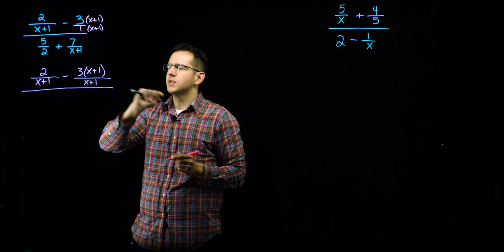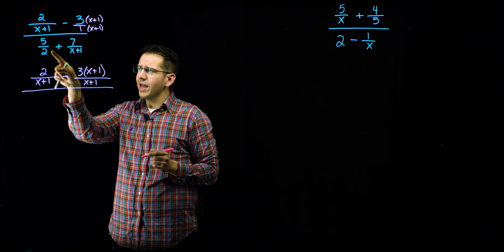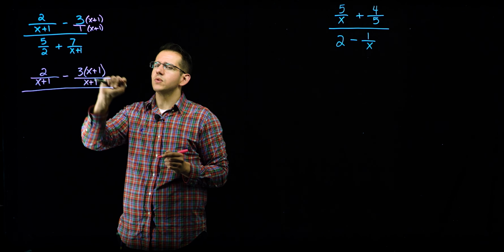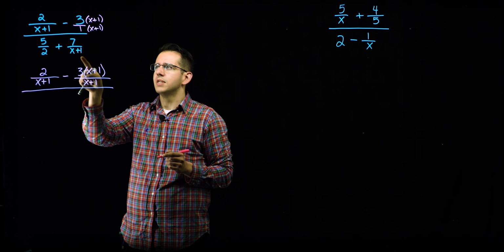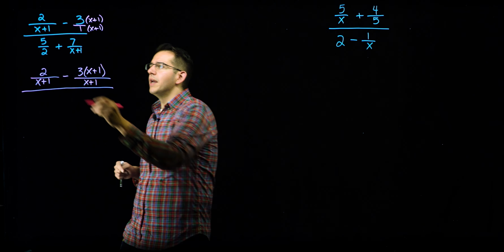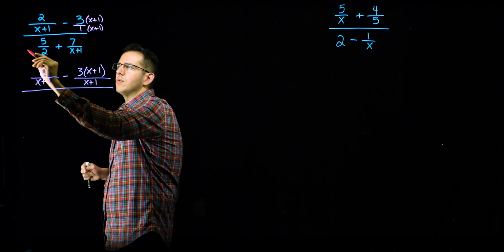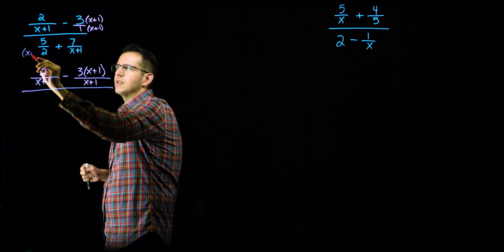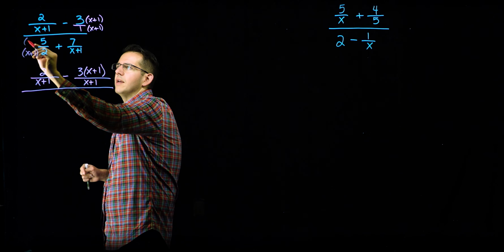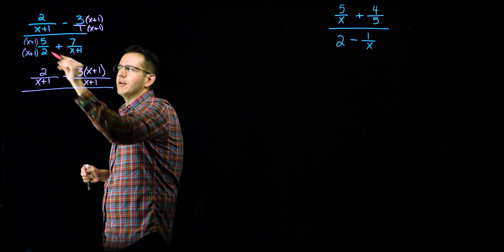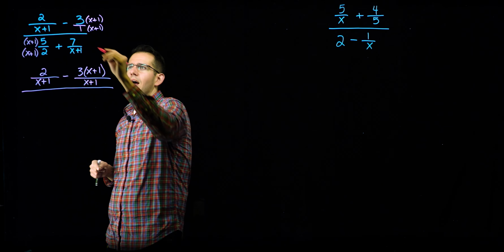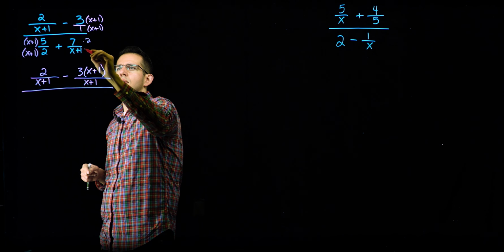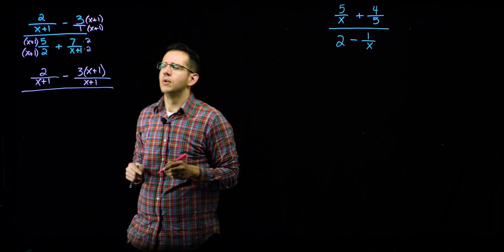In the denominator's case, we have a 2 here and an x plus 1 here. So our least common denominator is 2 times x plus 1. In this case, we already have the 2, so we're going to multiply by x plus 1 to the numerator and denominator, so we don't change the fraction. And here we're going to multiply by 2 over 2.